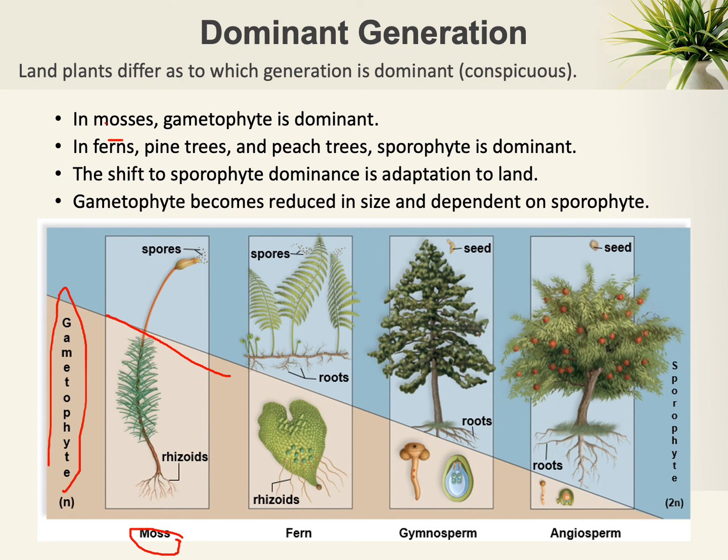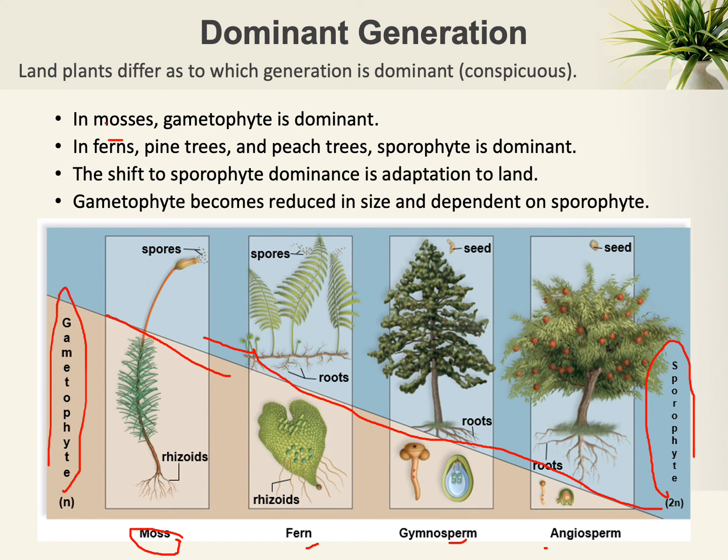In plants such as the ferns, the pine trees, the peach trees, the sporophyte is dominant, which is this part here, the blue part. All of this up from this line is sporophyte. So the sporophyte is dominant.